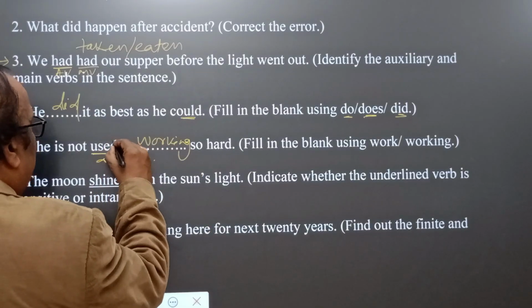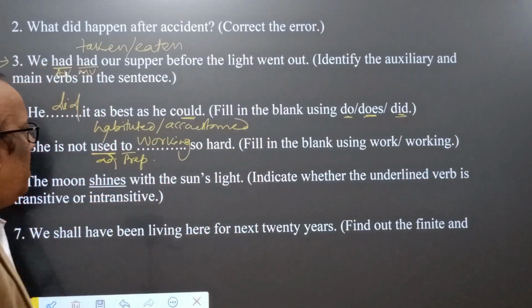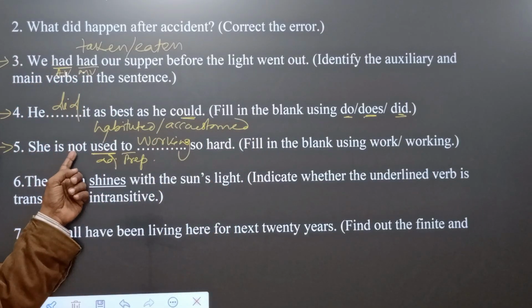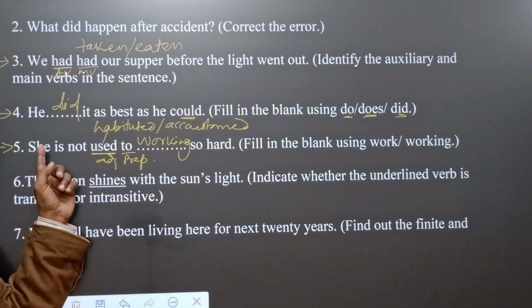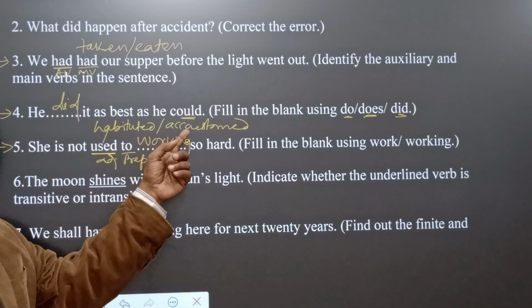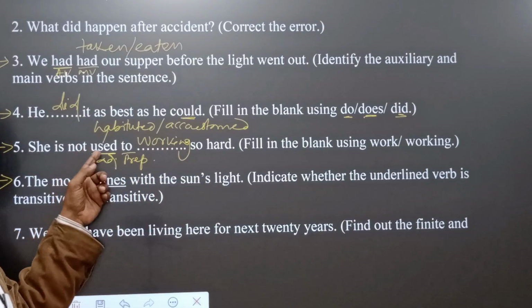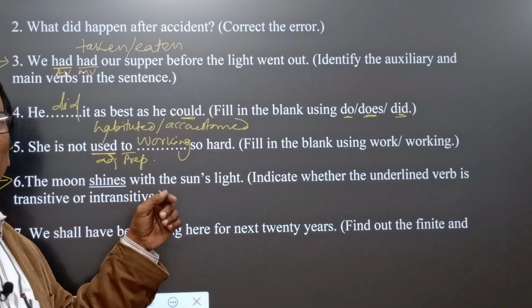Here, used to means habituated or accustomed. She is not used to means she is not habituated or accustomed to working so hard. Remember, here used is not a modal auxiliary verb.